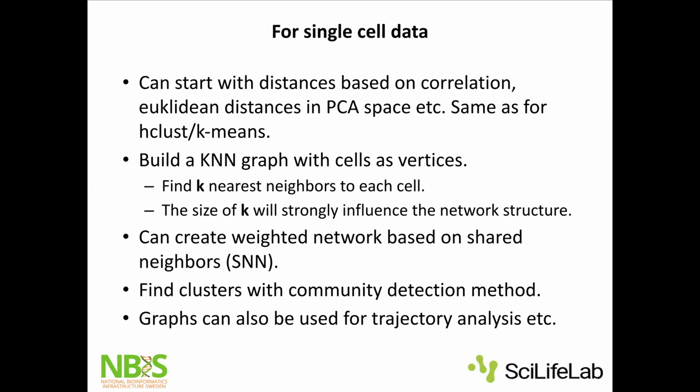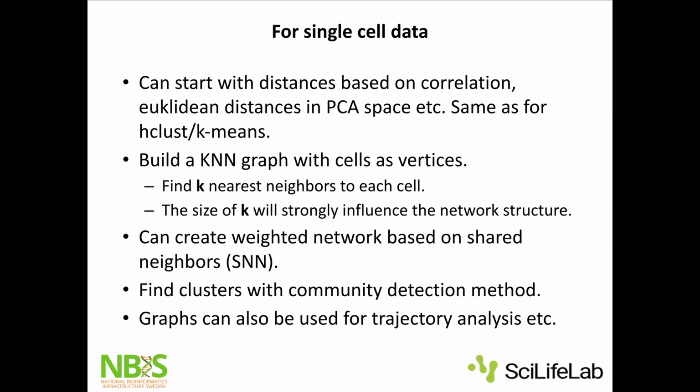Now we come to the practical parts of single cell data. Quite often we start with correlations, Euclidean distances in PCA space, or Euclidean distances in the integrated space that we created, like Harmony space, CCA space, whatever you have created.